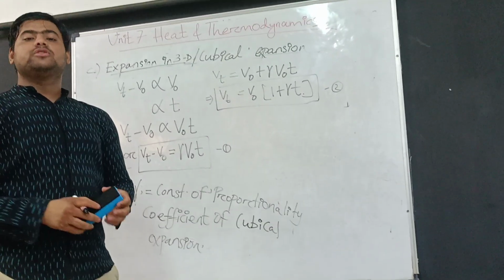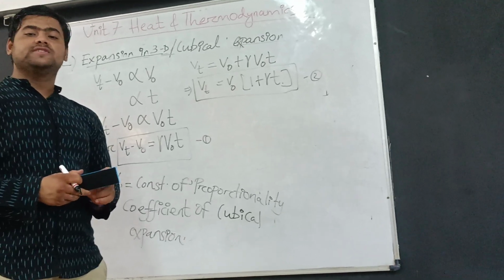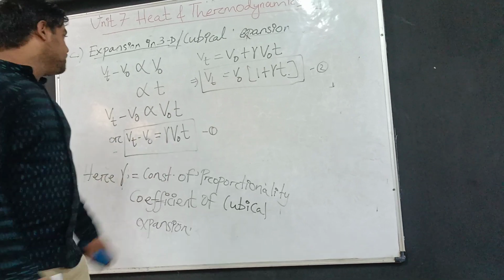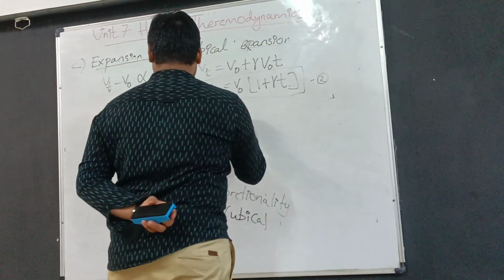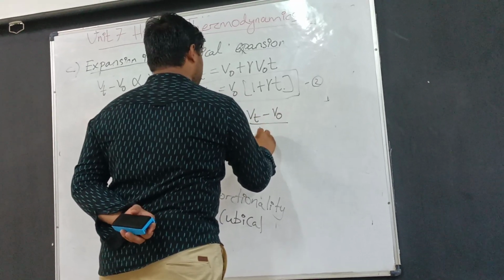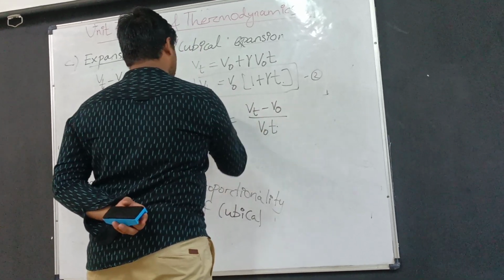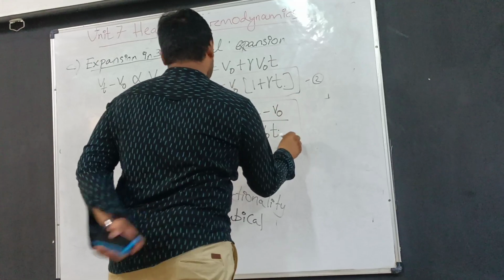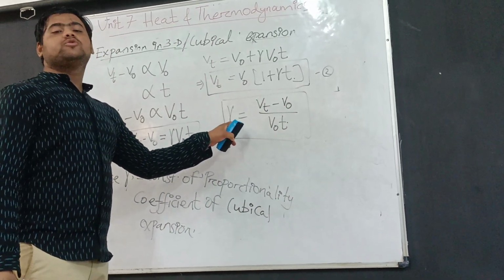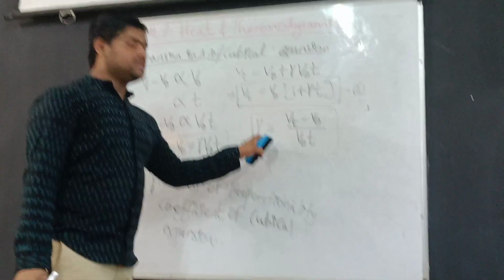Now we can find out the value of coefficient of cubical expansion gamma. From equation 1, gamma will come as Vt minus V0 divided by V0 T. So using equation 1 we find out the value of gamma, that is coefficient of cubical expansion.